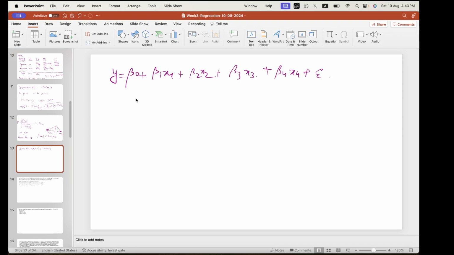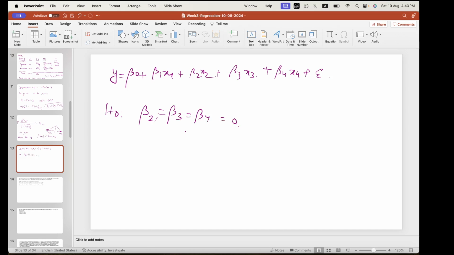Alright, so now the objective is slightly different. Now if you want to check whether a subset, not one or all, something in between, let's say I want to test beta 2 equal to beta 3 equal to beta 4 equal to 0.